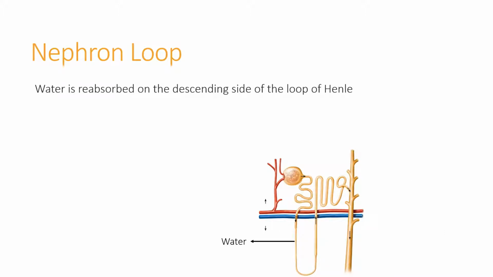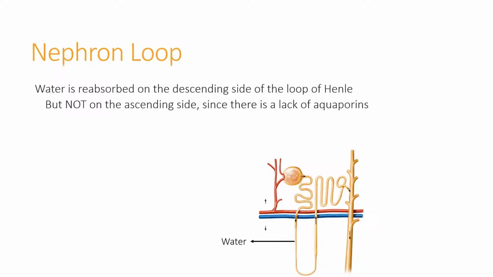Water is reabsorbed on the descending side of the loop of Henle, but not on the ascending side, because on the ascending side of the loop of Henle, there are very few, if any, aquaporins. Because we're constantly reabsorbing water on the descending side, it sets up a difference in concentration gradient. Because of that, on the ascending side, sodium can be reabsorbed in a passive kind of way.